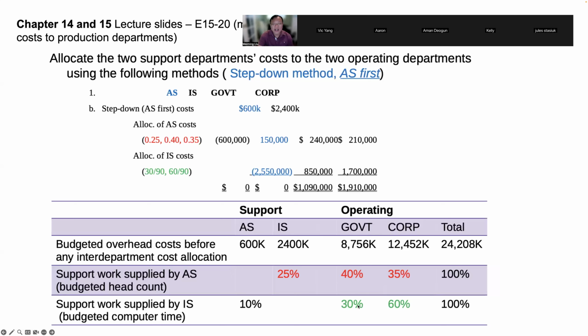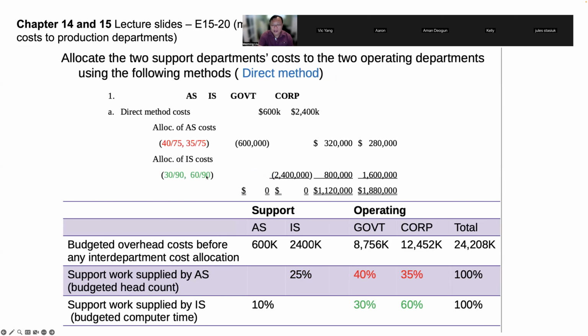So I take that relative proportion, 30 over 90, 60 over 90. So I multiplied it by 2.4 million. So I get 800,000 for government and 1.6 million for corporate. So in this case, we ignore the mutual service within that supporting department, right? You have two supporting departments, they serve each other, but we ignore that, okay?